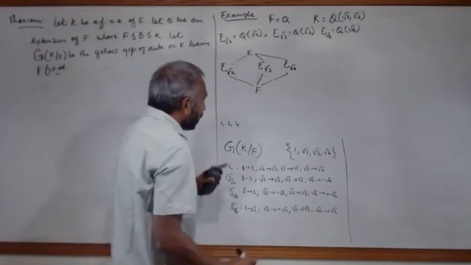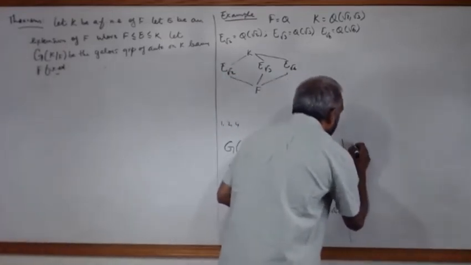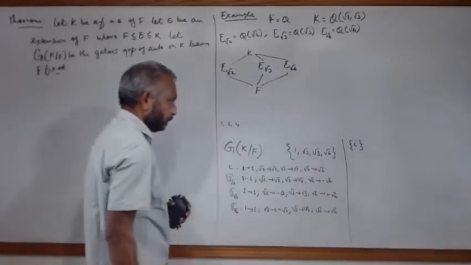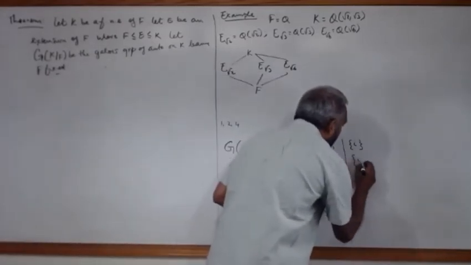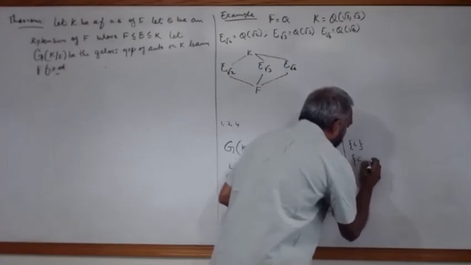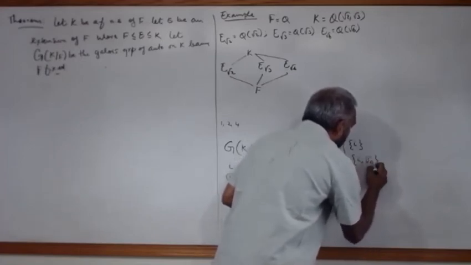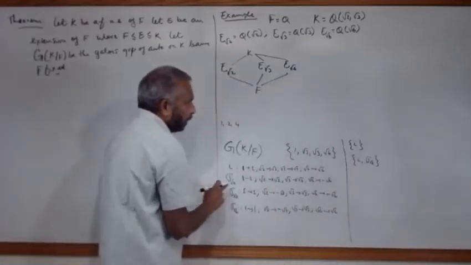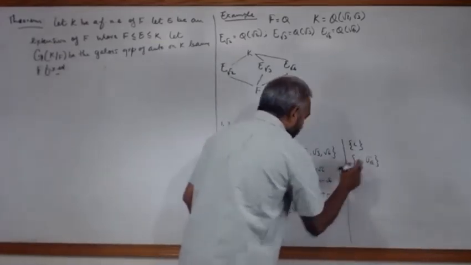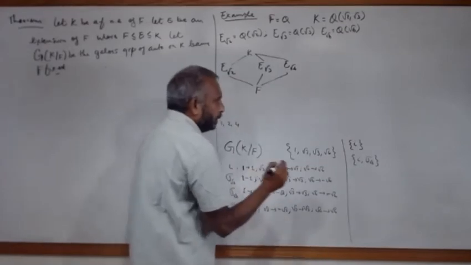So the subgroups are just the I, and you can have I and sigma root 2. You need to verify this because this is going to be a subgroup of this. Sigma root 2 square will become I.